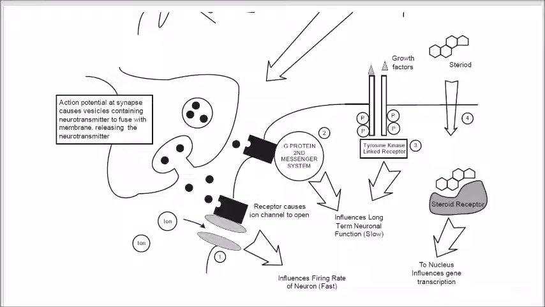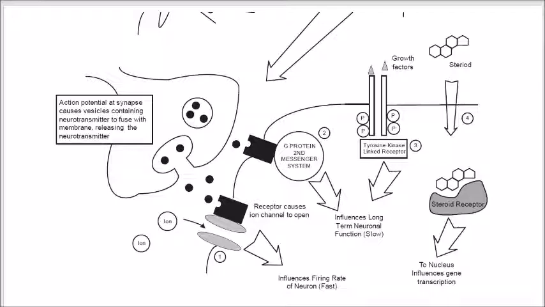And then finally, we have the various steroid hormones that do not need a receptor at the cell membrane. Indeed, they diffuse directly through the cell membrane and attach to a steroid receptor in the cytoplasm. This complex then generally enters the nucleus, where again you get influence on gene transcription.